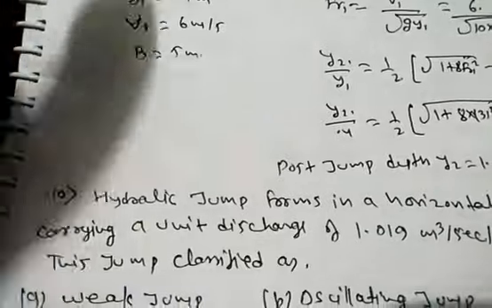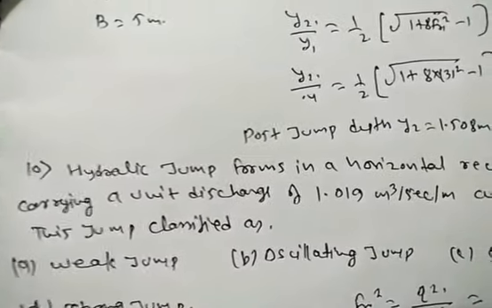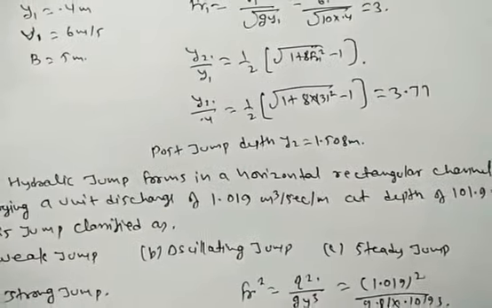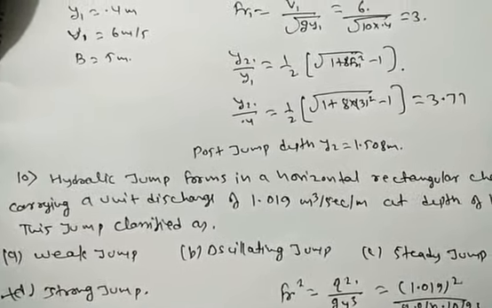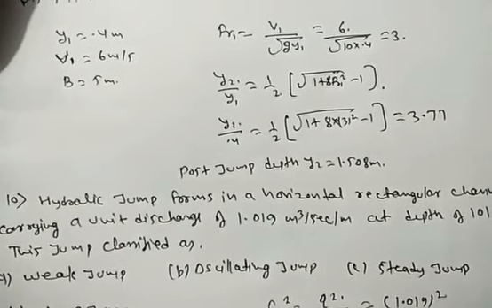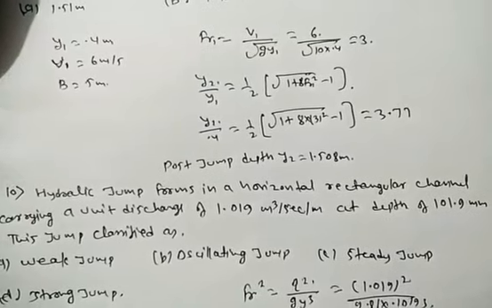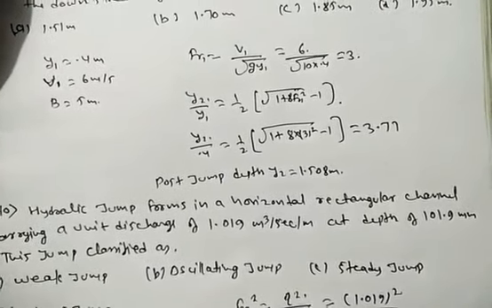And hydraulic question number 10, the last question. A hydraulic jump forms in a horizontal rectangular channel carrying a unit discharge of 1.01 meter cube per second per meter at a depth of 101.9 mm.